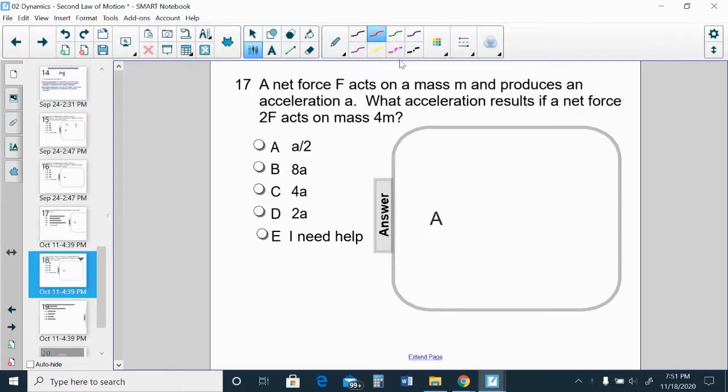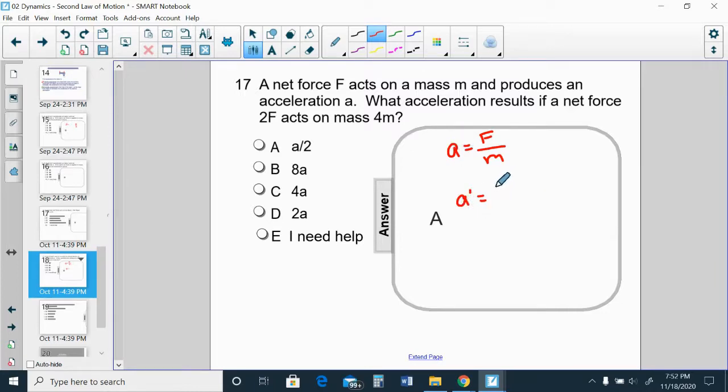Taking a look at this algebraically, we know that acceleration is equal to the force over mass. Now, if we were to compare it to an acceleration a prime, I'm writing a prime symbol here so that you can differentiate it from the original equation.